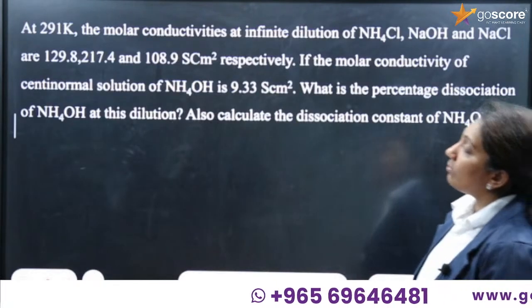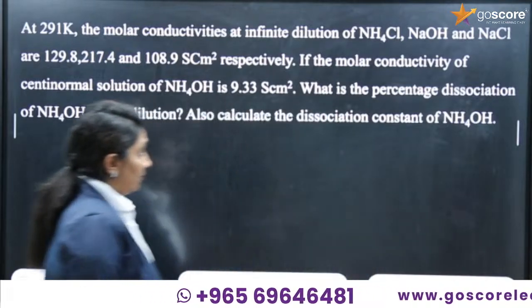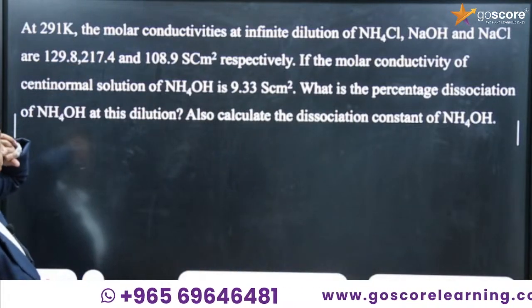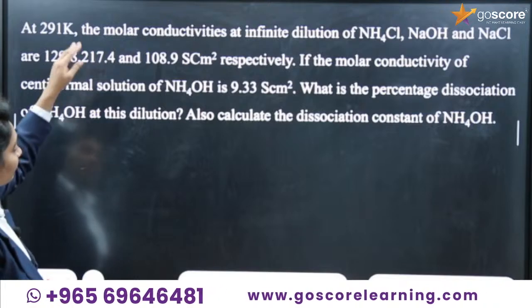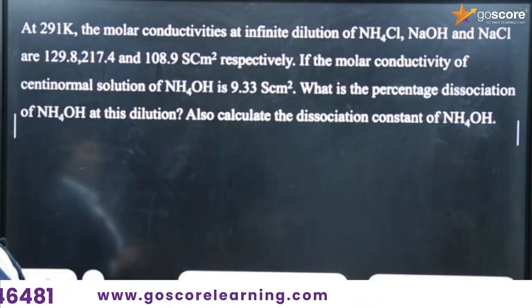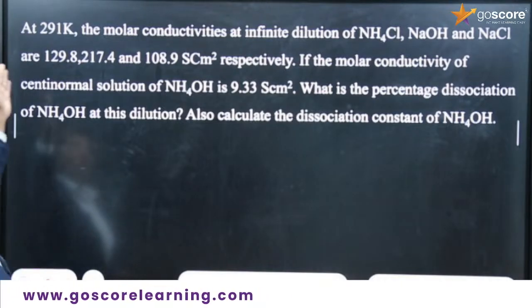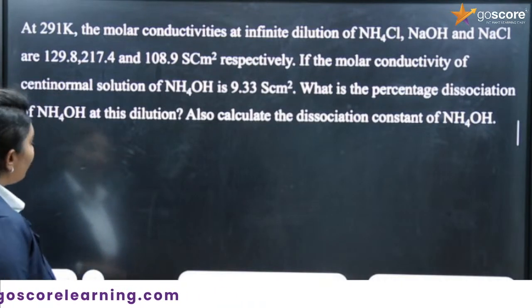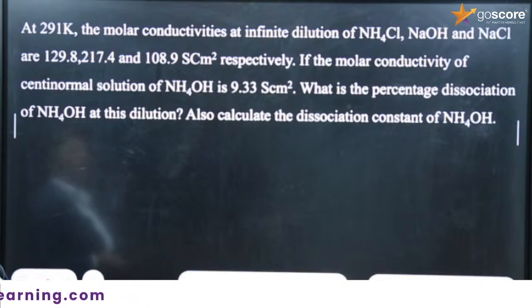Here is one numerical based on that. At 291 Kelvin, the molar conductivity at infinite dilution of ammonium chloride, NaOH and NaCl are 129.8, 217.4 and 108.9 Siemens centimeter square respectively.